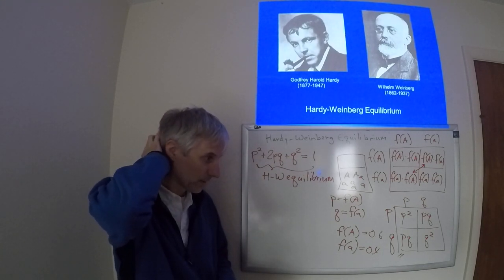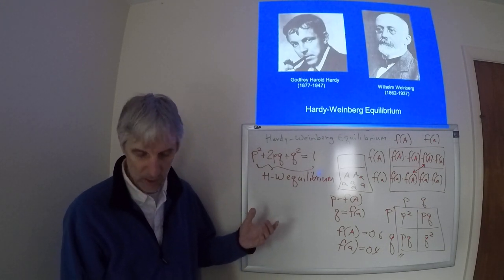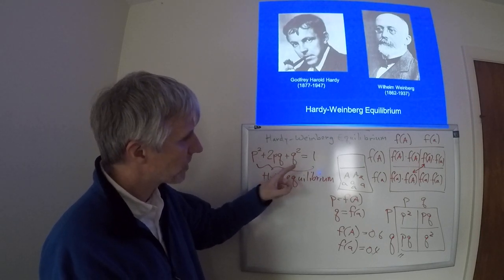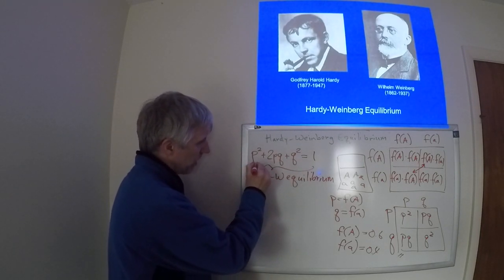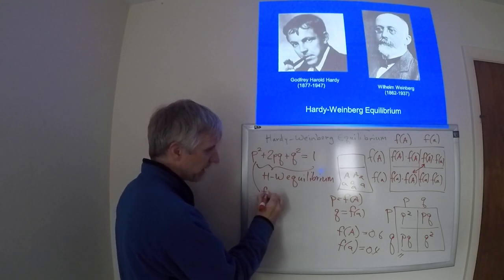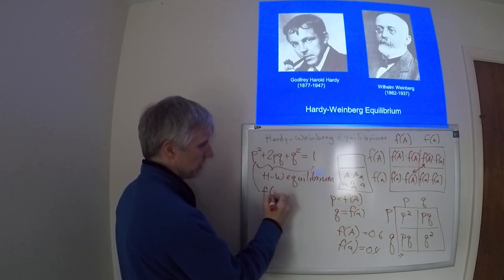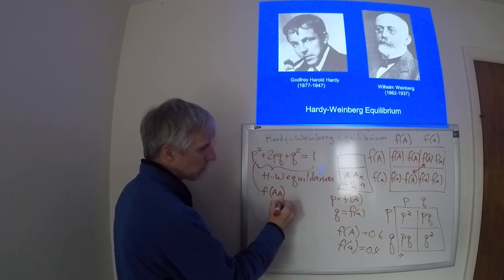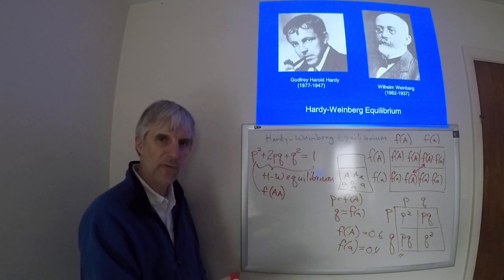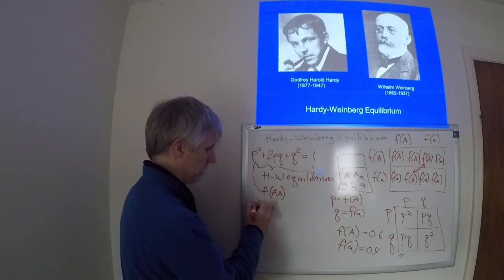Okay? All right, now, these values here really represent expected frequencies of genotypes. P squared equals the expected frequency of the homozygous dominant in the next generation.